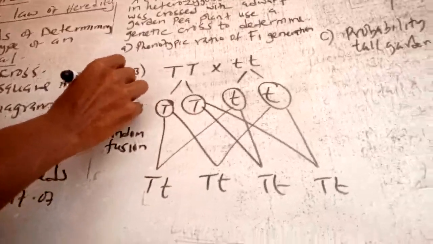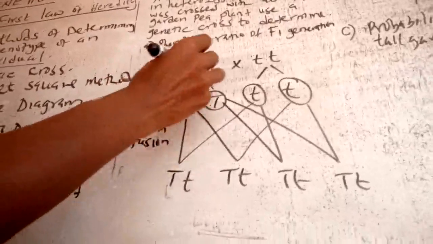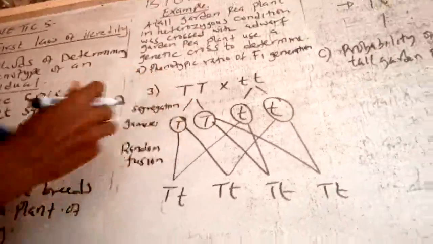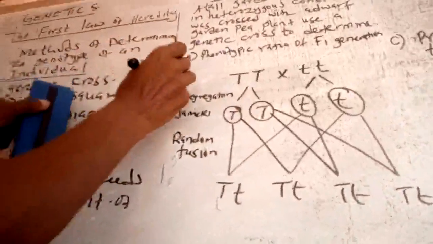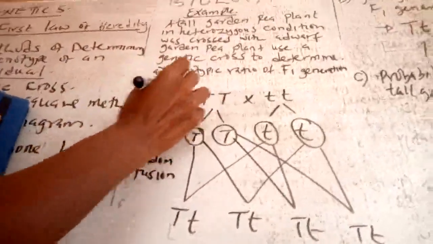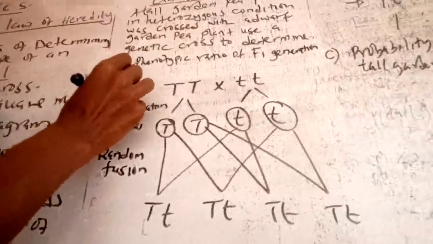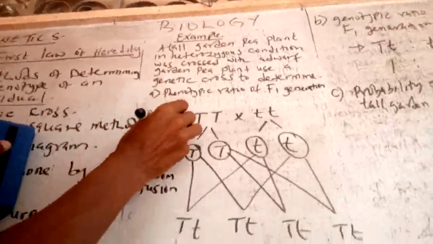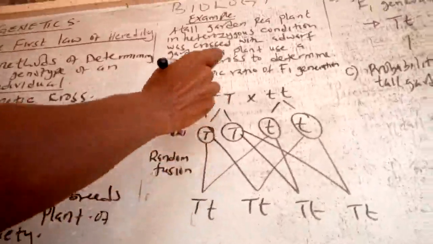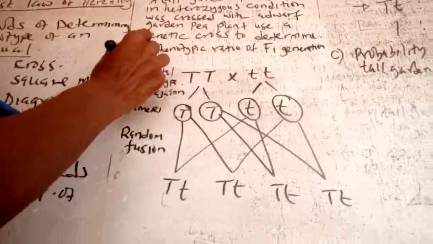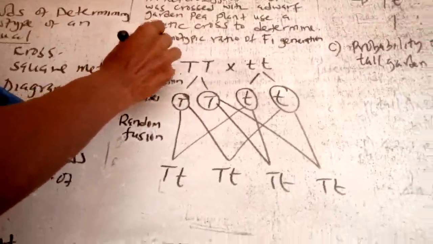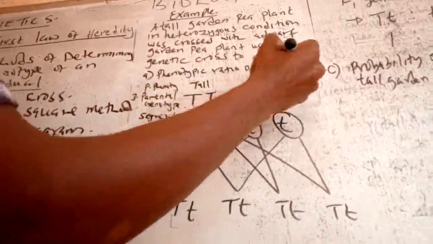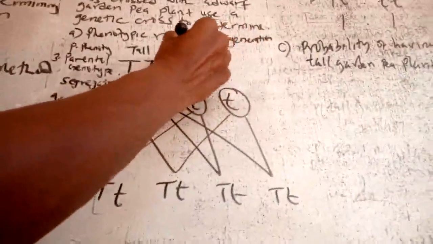This is segregation, separation of genes. As far as number 3 is concerned, there is a parental genotype, and this is parental phenotype, the phenotype being tall garden pea plant, and here dwarf.